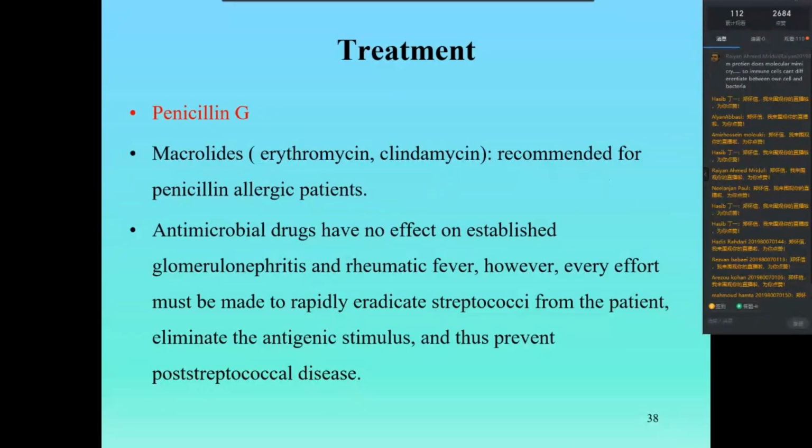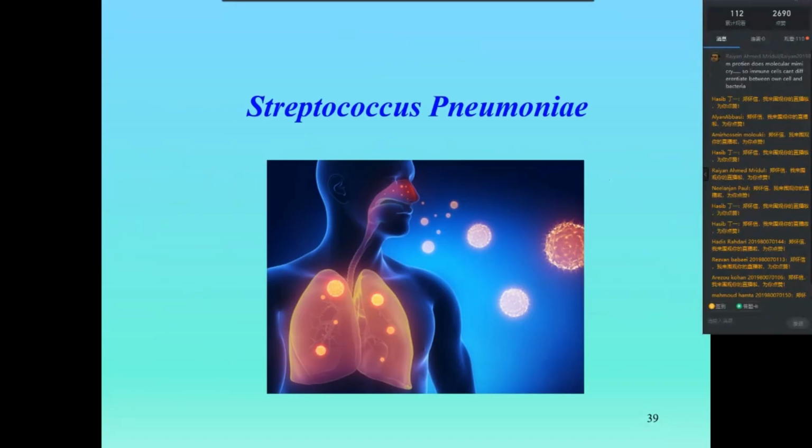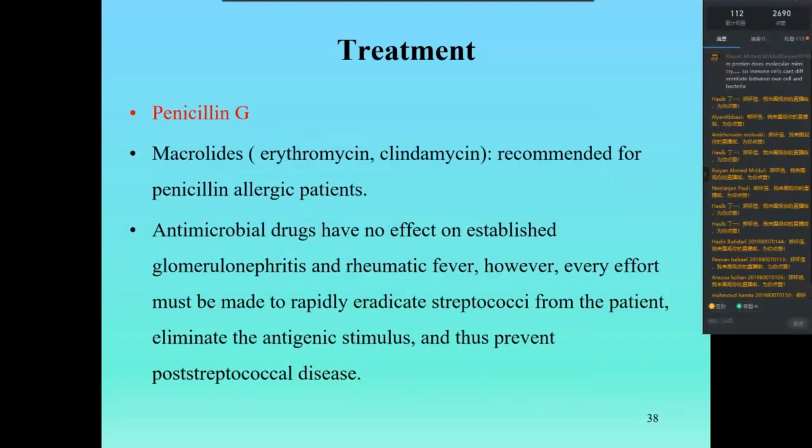They produce pneumolysin, and this is the lysin which can destroy red blood cells, inhibit lymphocyte proliferation, and inhibit neutrophil chemotaxis. And they have surface protein for adhesion, and they also produce protease which can degrade IgA.